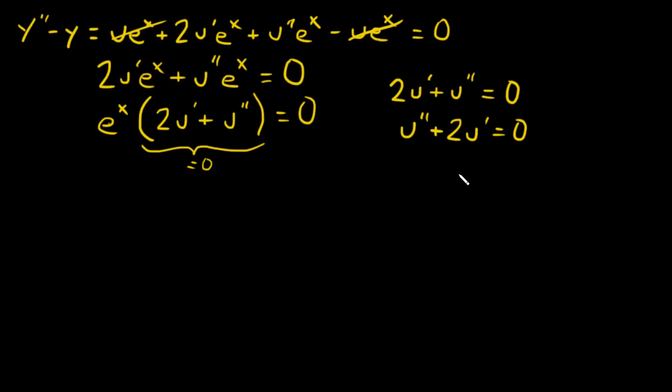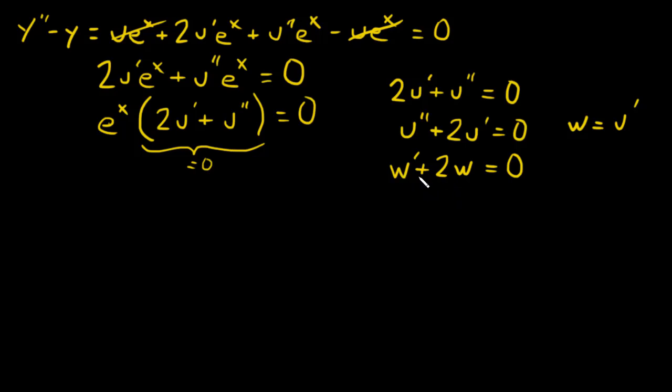Now, I'm going to make the substitution saying that w is equal to u'. If that's the case, then this becomes w' + 2w = 0.